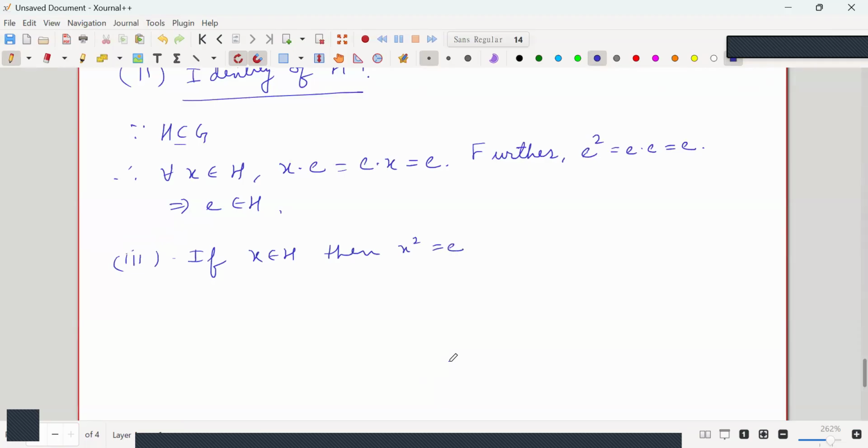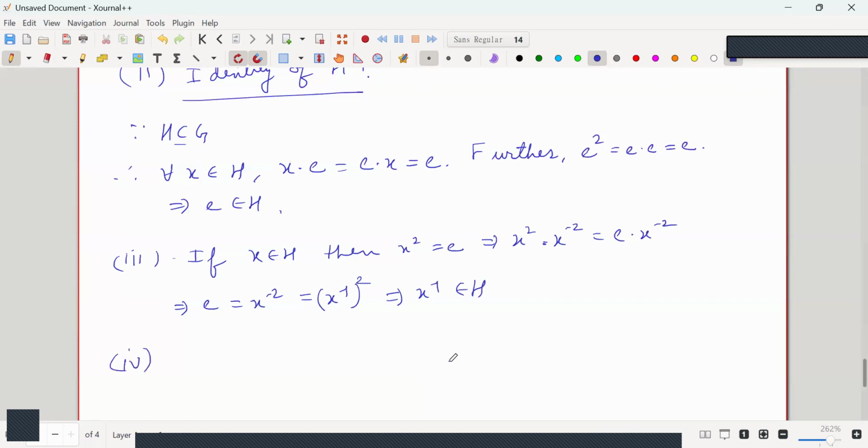And we have already seen that this implies X square X minus 2 is E times X minus 2, which is simply identity X minus 2, and this is the same as X inverse square. So X inverse is already inside H. This inverse is with respect to the group, but as G and H have the same identity, the same inverse will work for H as well. And we have shown that this X inverse is also inside H.